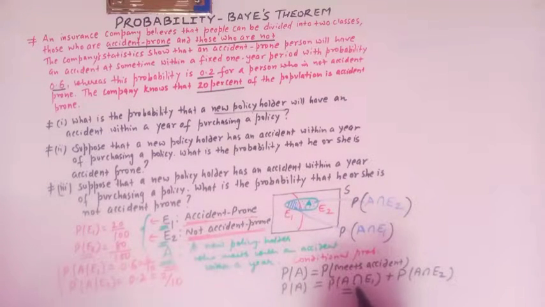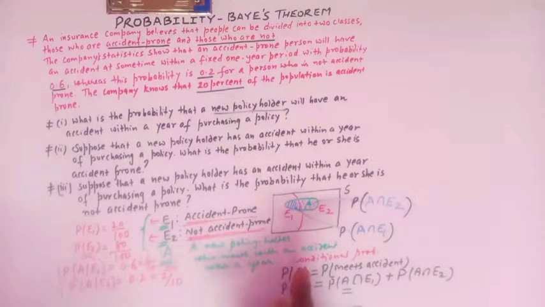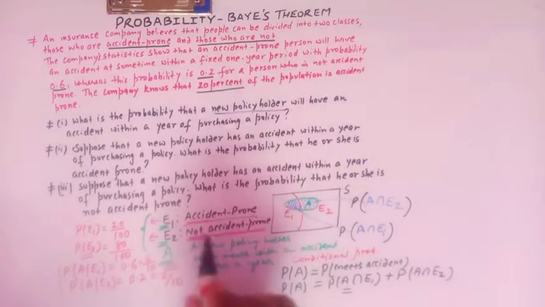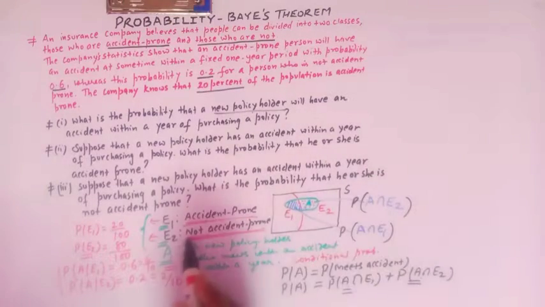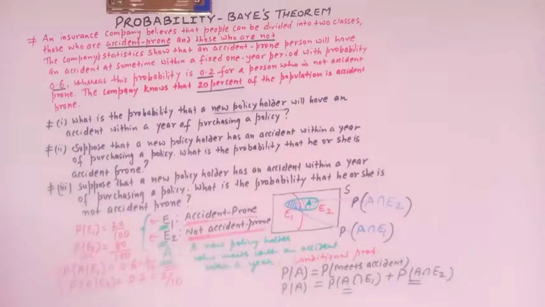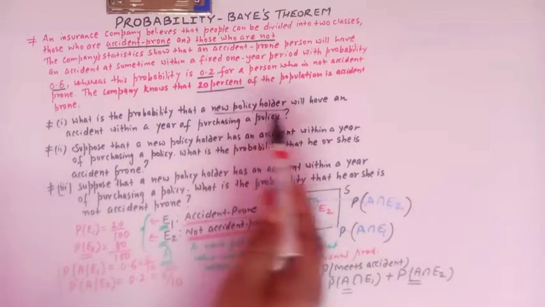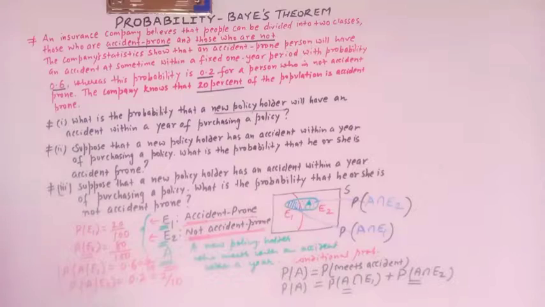The first is the probability that the person A meets with an accident and comes from the accident prone class, and the second shows that the person A meets with an accident but comes from the not accident prone class. We add these two to get the total probability.